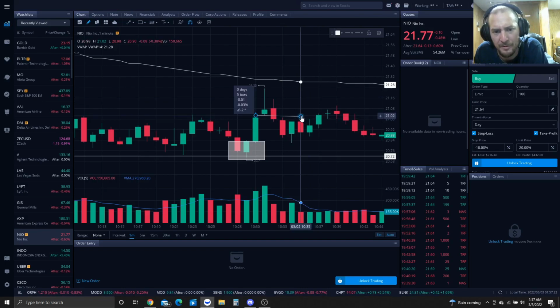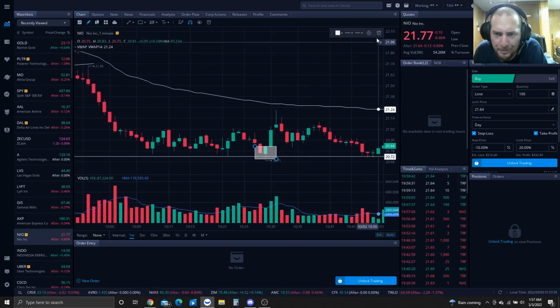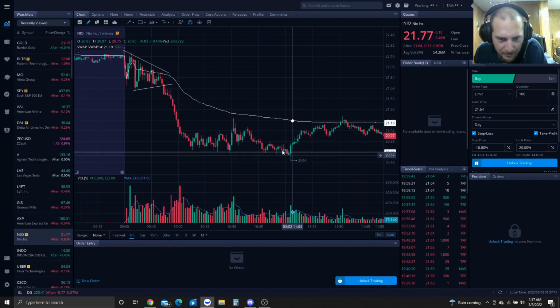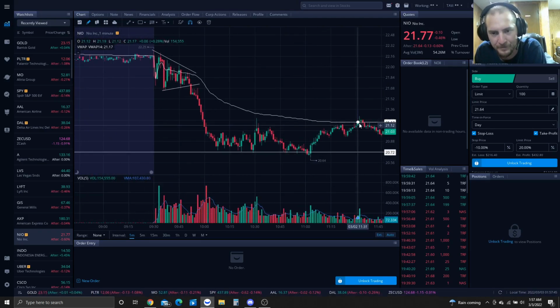So what you could have gotten is either a small gain out of this or a break-even trade if you scale out of half at your 1 times risk, because this is essentially about a 1 times risk trade, right? So, and then again, that same trade this 2nd time, when you make that same sort of V-shaped reversal pattern, you do get a VWAP target here, right?